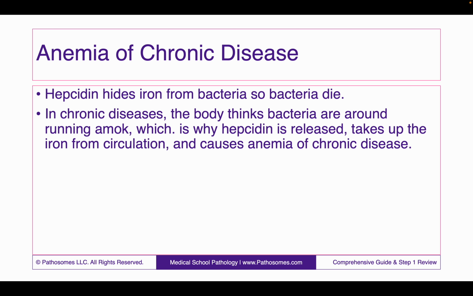Hepcidin hides iron from bacteria so that the bacteria die. In chronic diseases, the body thinks bacteria are around running amok, which is why hepcidin is released, takes up the iron from circulation, and causes anemia of chronic disease.